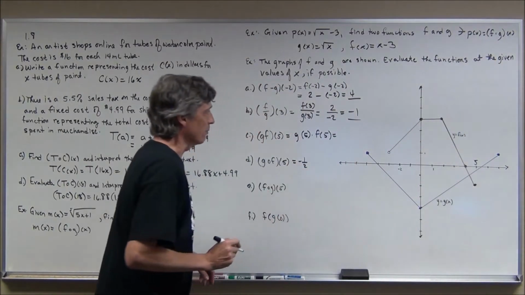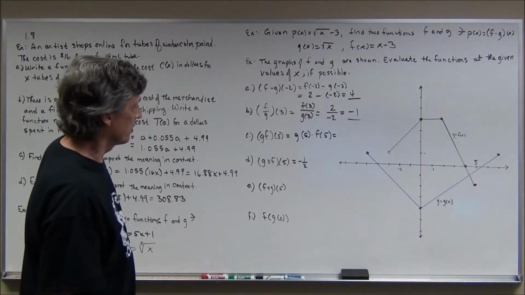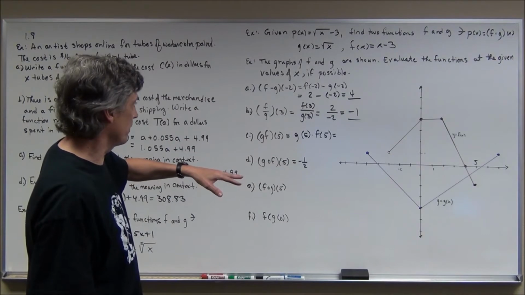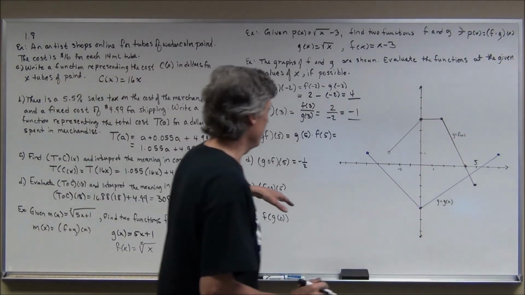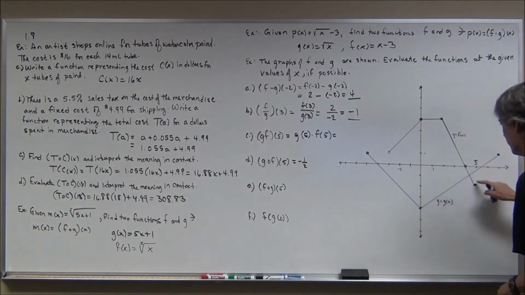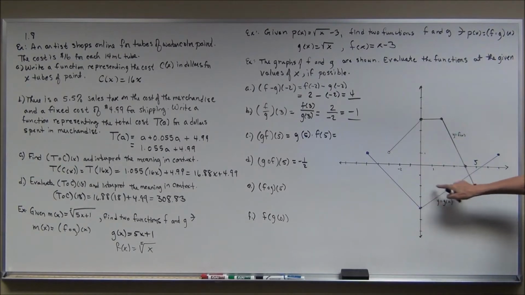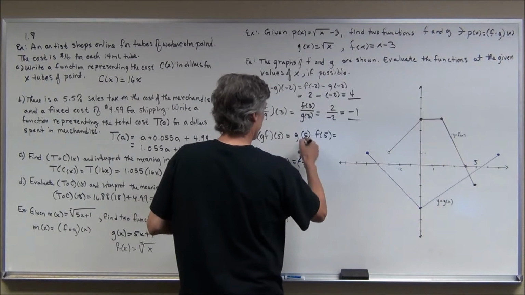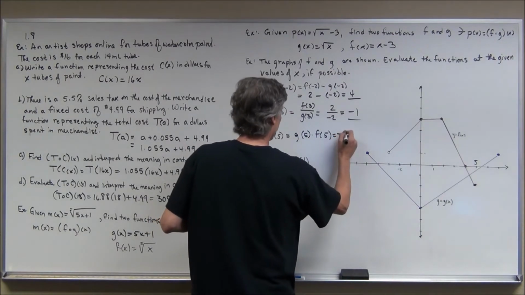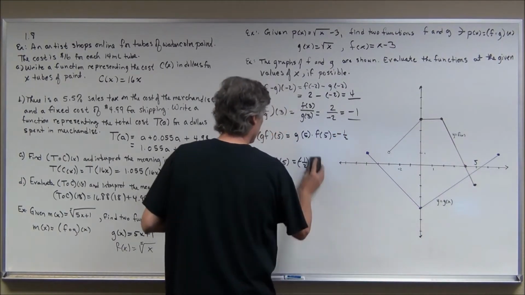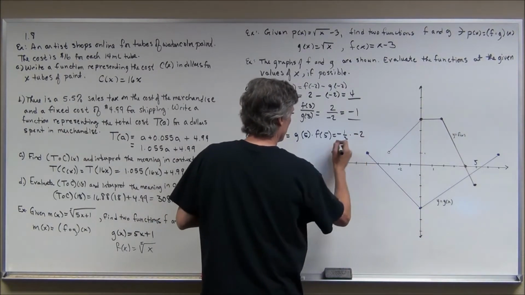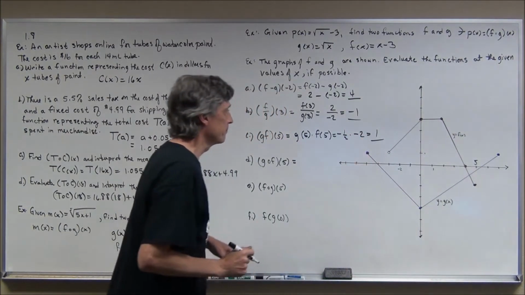I think it's probably supposed to be 0, but then again, there goes my graph. But we'll just do it as we see it here. And then f of 5 would be down here at negative 2. So I have negative 1 half times negative 2, so that would be a positive 1.